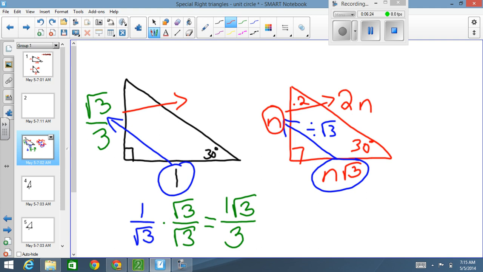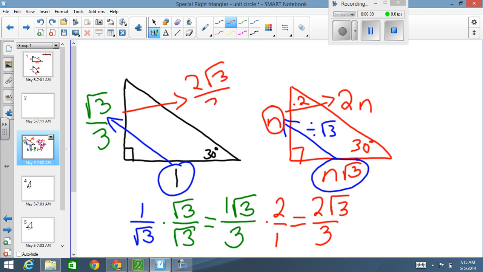It's like taking this and multiplying by 2 over 1. The denominator is still going to be 3, and for the numerator I just do 1 times 2. So this side here is 2 radical 3 over 3. And I have found all 3 sides being given the middle length side.